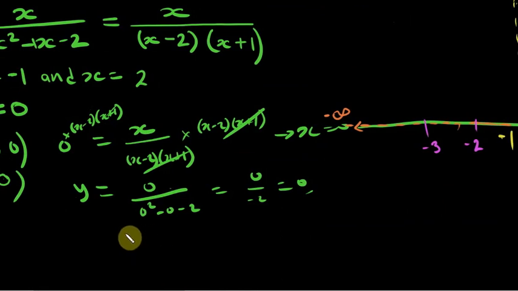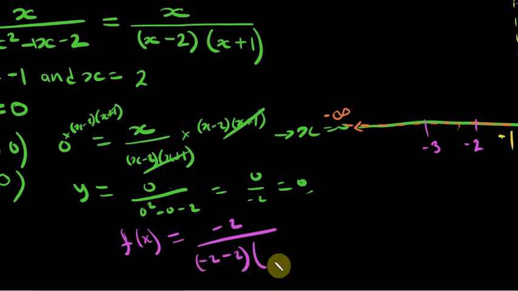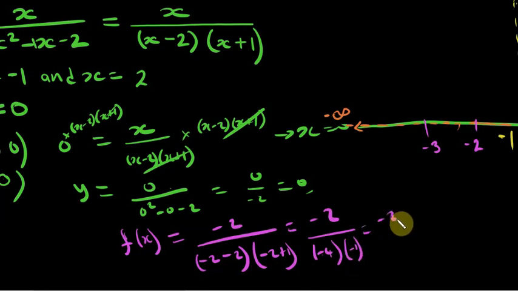f of minus 2 is minus 2 divided by (minus 2 minus 2)(minus 2 plus 1), which gives minus 2 divided by minus 4 multiplied by minus 1, so minus 2 over 4, which is the same as minus 1 over 2.